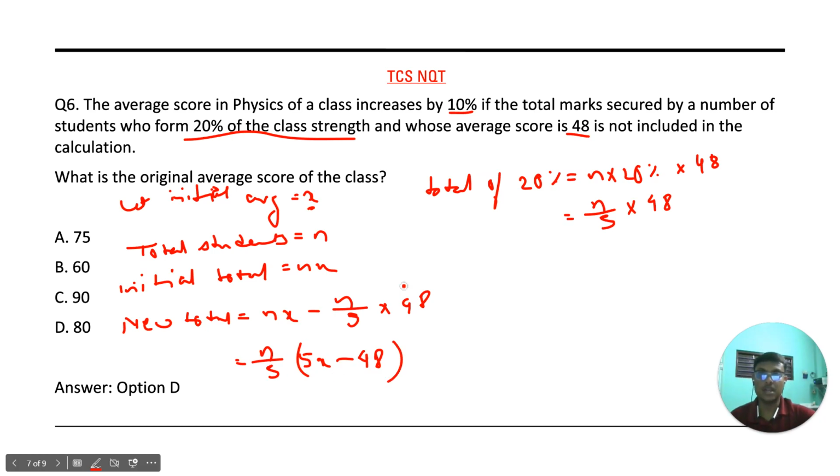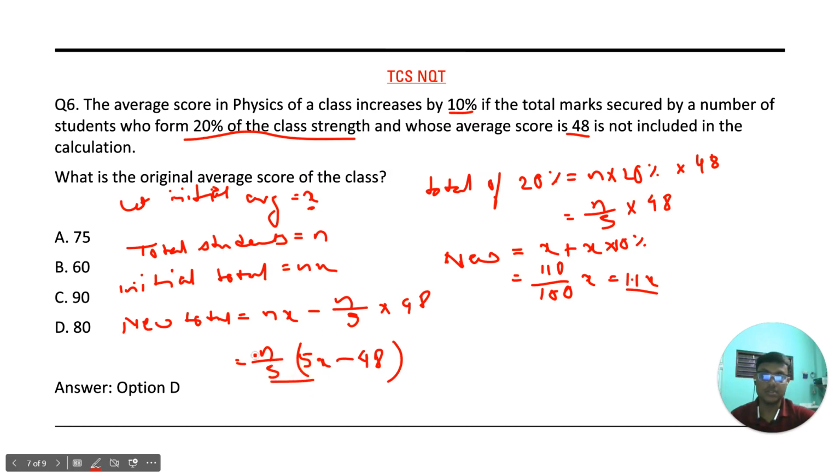So this is the new total. Now it says that the new average increases by 10%. So new average would be, if the initial average was x, new average would be x plus x into 10%, which would be equal to 110 by 100 x, which is equivalent to 1.1x.